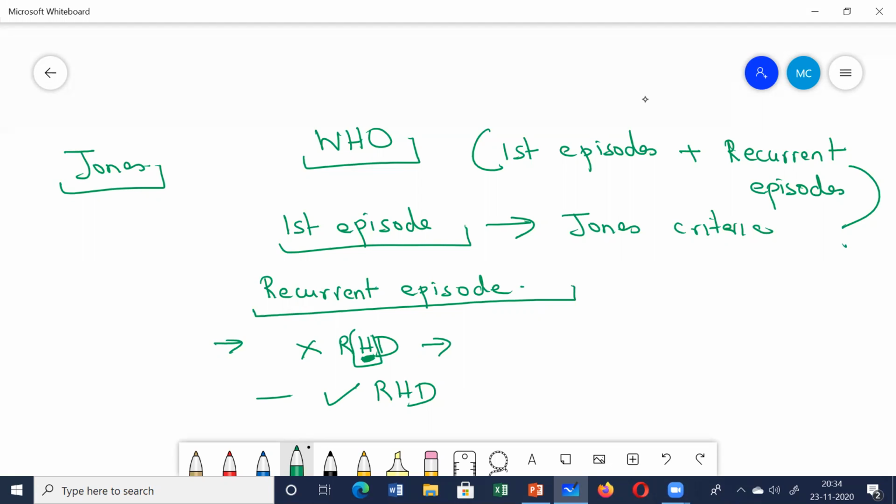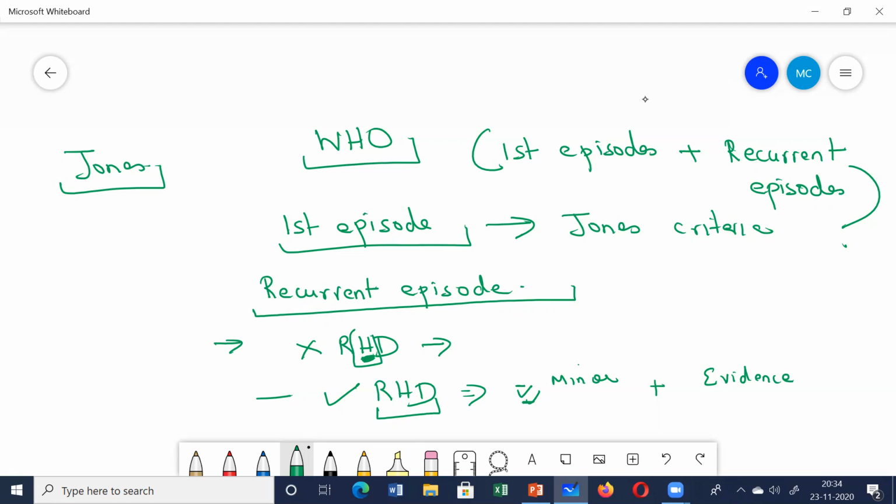And if the patient already has an established rheumatic heart disease, it requires only two minor manifestations, plus, as I told you, there has to be evidence of a prior antecedent group A streptococcal infection as per Jones criteria. Without RHD it is as per the first episode. With RHD, there is the presence of two minor criteria plus evidence of antecedent group A streptococcus infection.